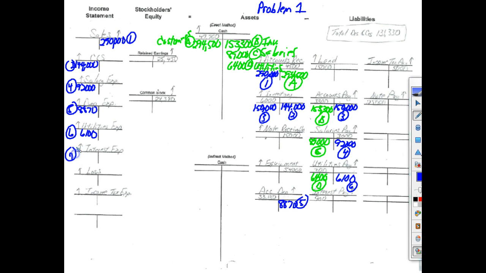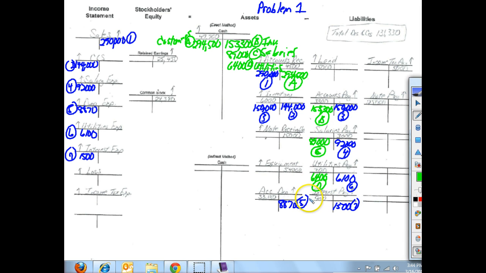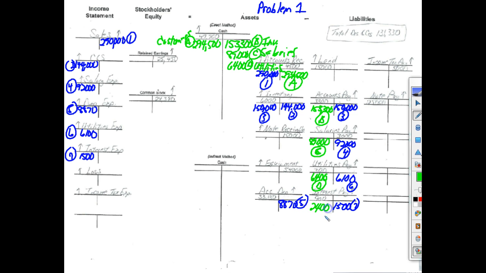Interest expense on the income statement is $1,500. And then related account is interest payable. Then we can solve for, like all payables, it goes down because cash is paid, $2,400. So cash paid for interest.